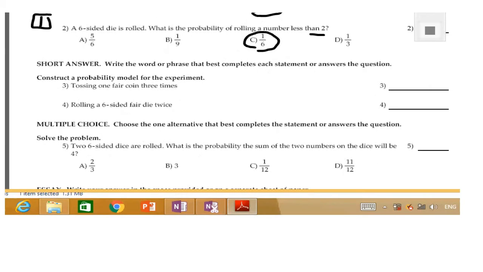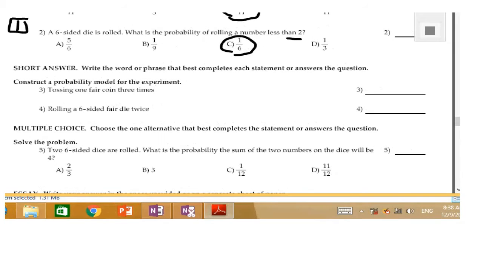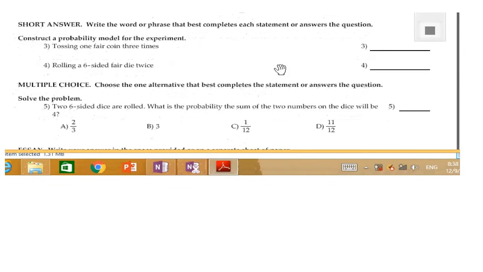For number 3, it's a written question. Construct a probability model of the experiment. It's like the sample space of tossing a fair coin 3 times.